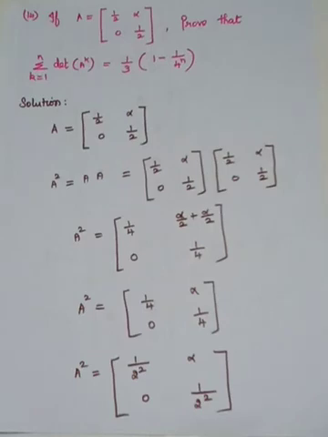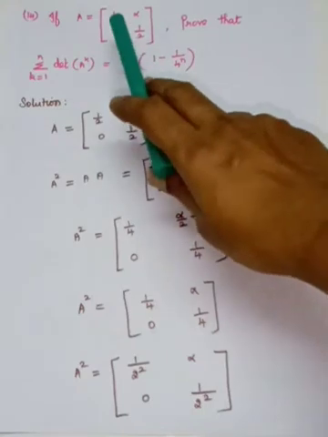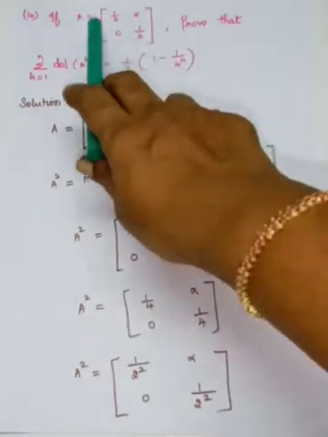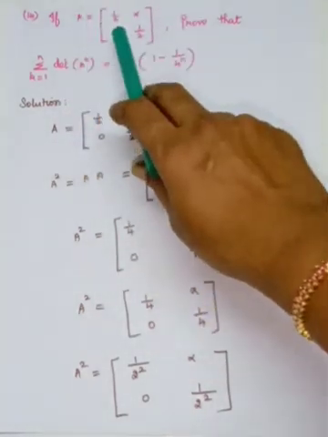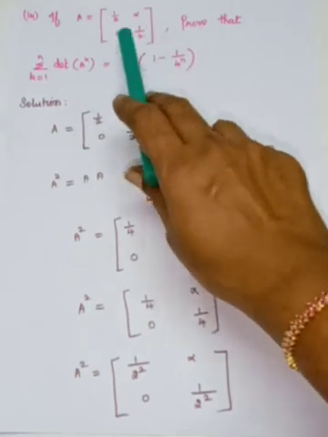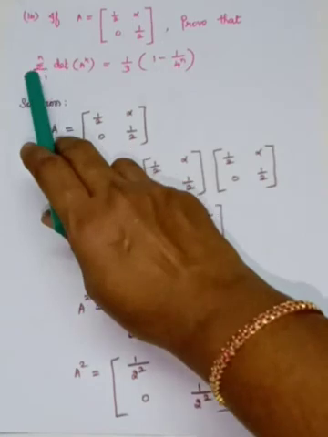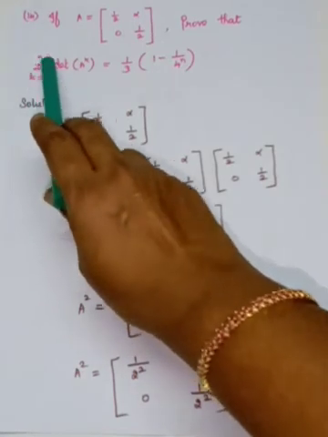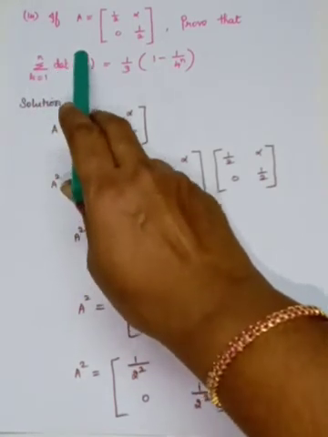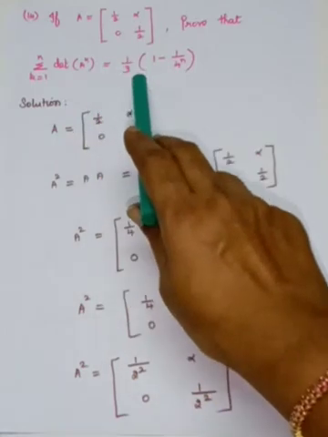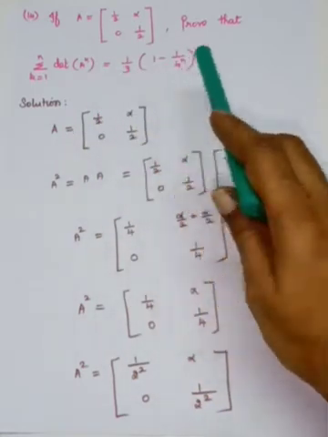Next one, 14th problem. If A is equal to the 2 by 2 matrix, 1 by 2, alpha, 0, 1 by 2. Prove that the summation when k is equal to 1 to n, determinant A power k, is equal to 1 by 3 into 1 minus 1 by 4 power n.